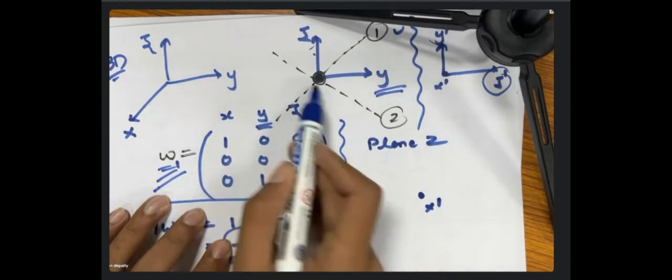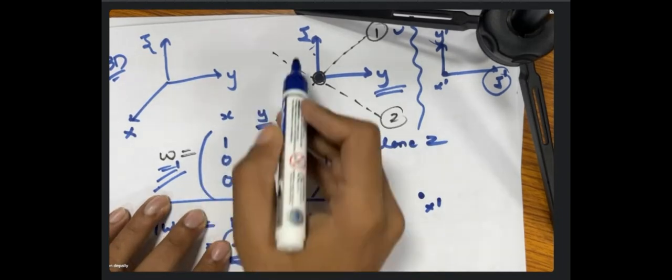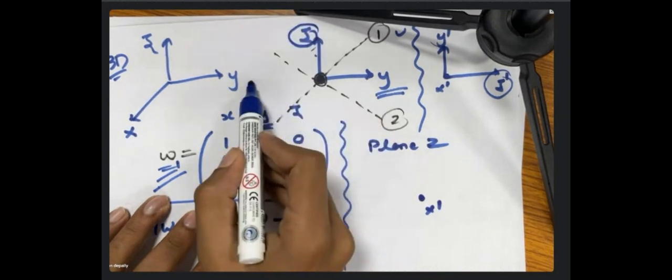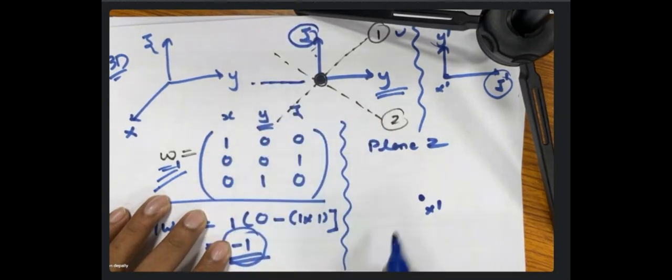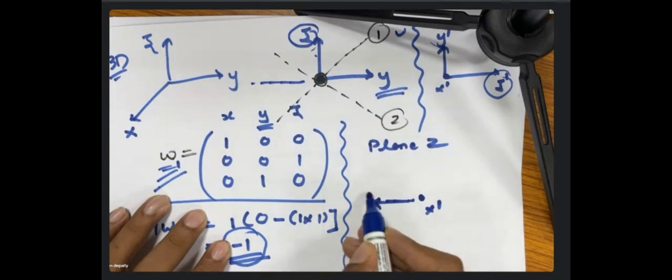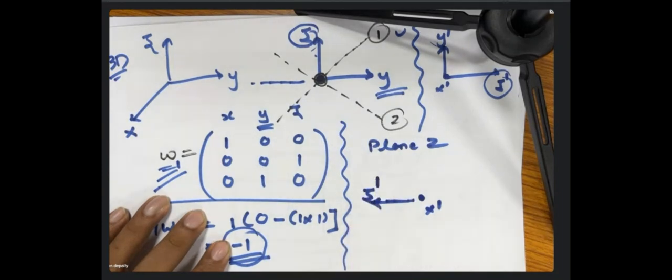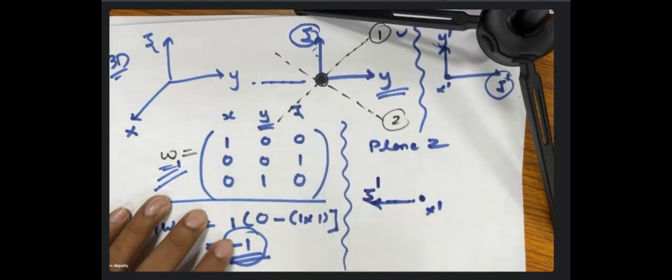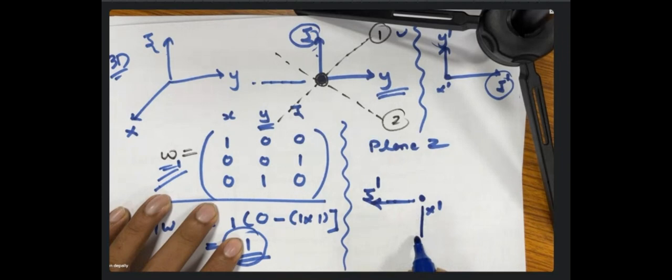While if we reflect along this, we can say that the z is going to reflect somewhere over here. So this will be the z-axis. While y will be reflected over here, so it will be along this. This will be the y-axis.